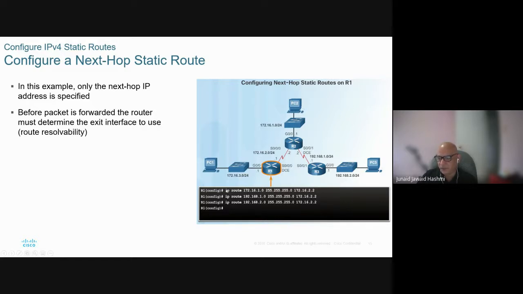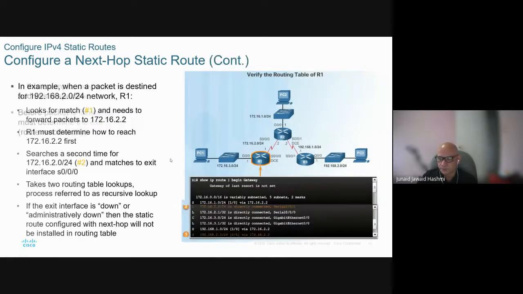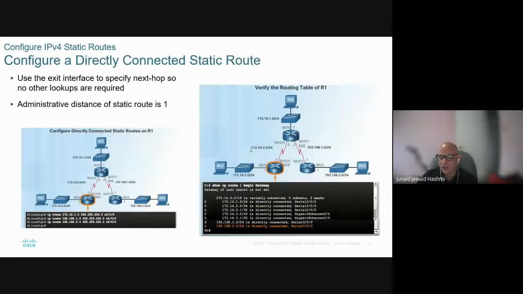Very simple. ip route is the command and the next hop IP address, okay? Now, instead of specifying the next hop, the IP address of the interface, you can assign here, if you look at here, the name of the interface.